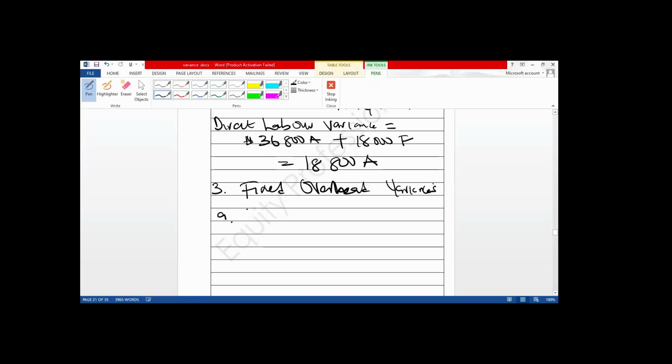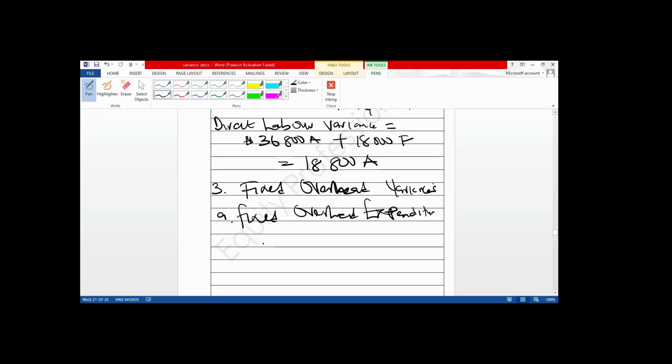I have a fixed overhead expenditure variance: my budgeted fixed overhead minus actual fixed overhead.